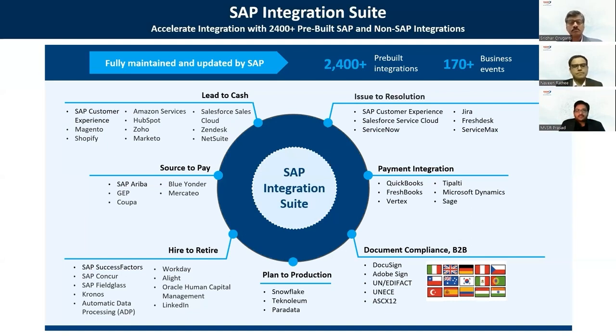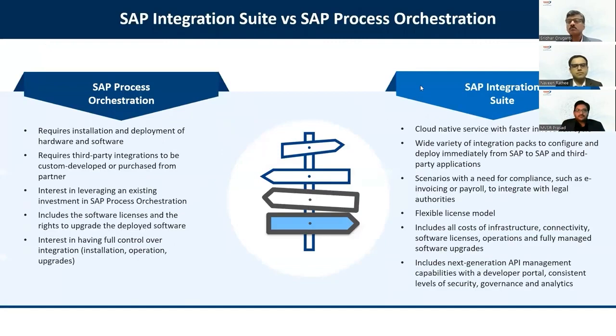Can we go to the next slide, Sridhar? Yeah. So basically, we would like to try to show here what exactly the process orchestration and integration suite specific differences are, at a high level.